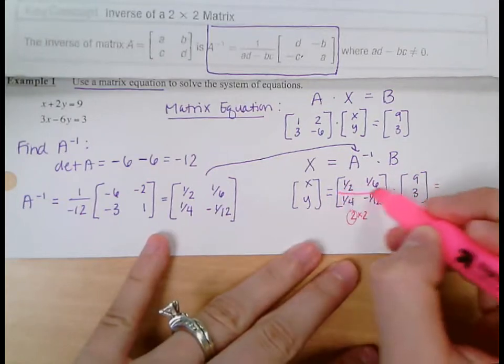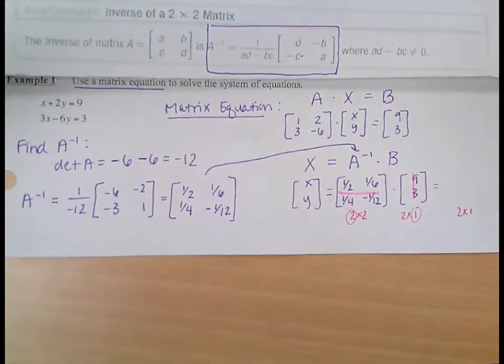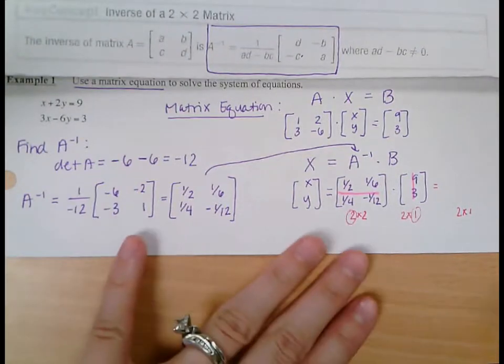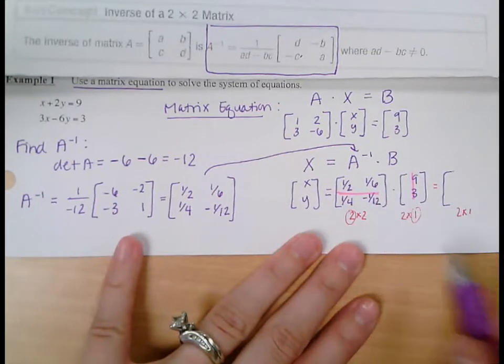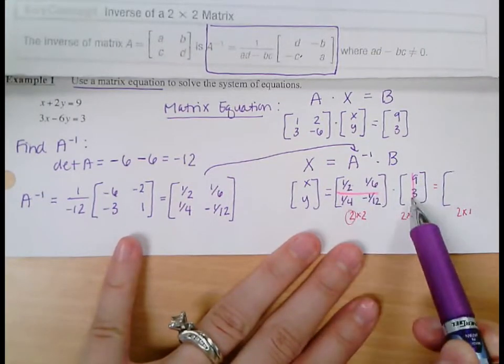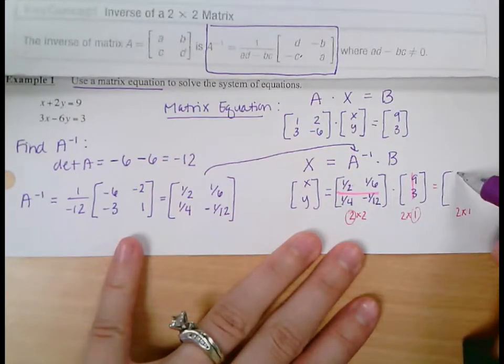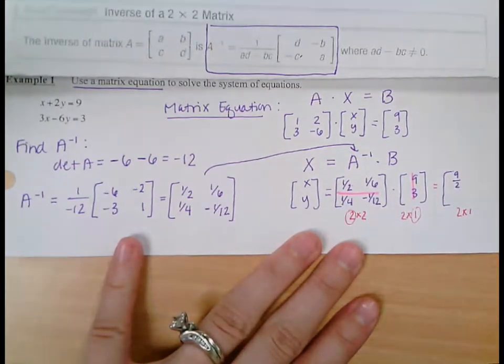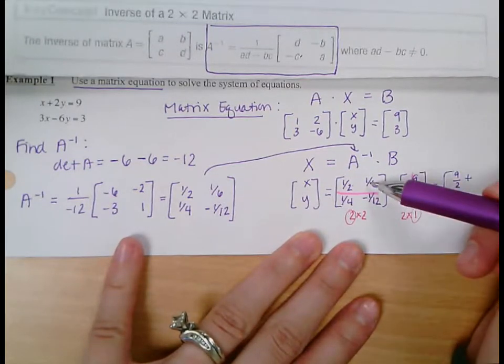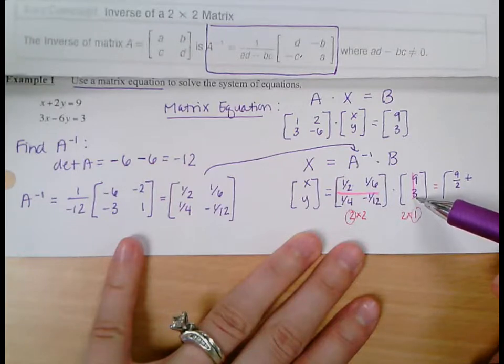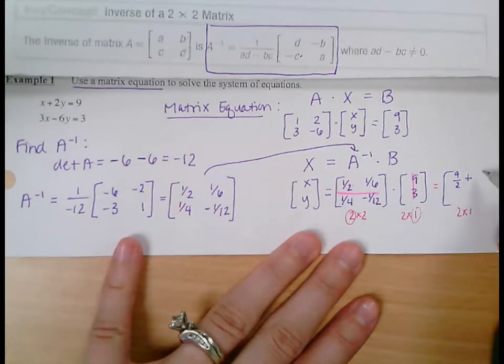I multiply the rows in the first one by there's only 1 column. So each row gets multiplied by that 1 column. So I would have, if I multiply the first row by that column, I multiply the 1/2 and the 9, and that would be 9/2, or if you wrote 4.5, it's okay. And then plus 1/6 times the 3, that's 3 over 6, that's 1/2.